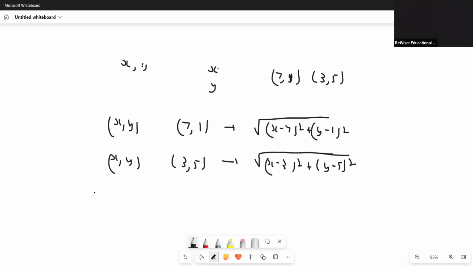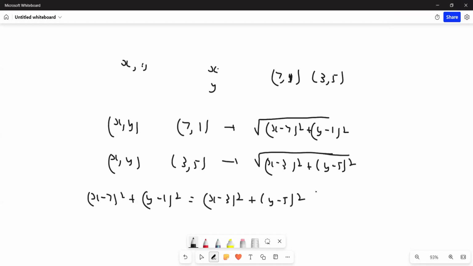We can square and equate. So x minus 7 whole square plus y minus 1 whole square must equal x minus 3 whole square plus y minus 5 whole square. Any doubts so far? No, sir.